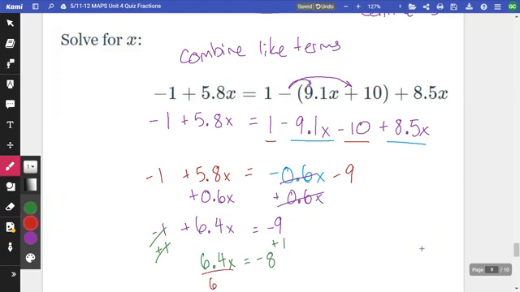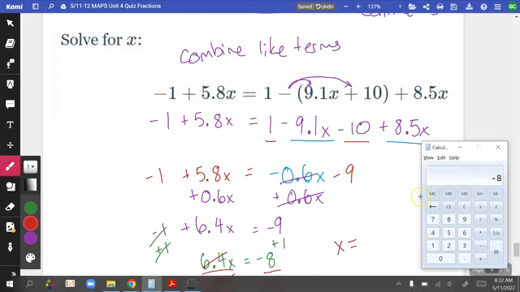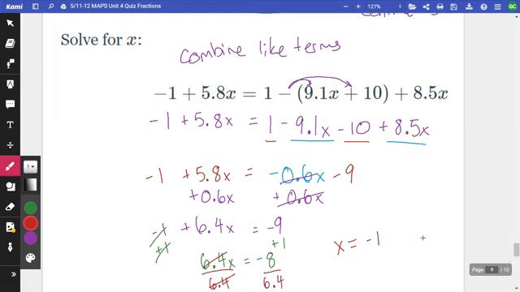Now we need to divide by 6.4 on both sides. These cancel out. And so we end up with x equals negative 8 divided by 6.4, and we get negative 1.25. Good. That is our answer.